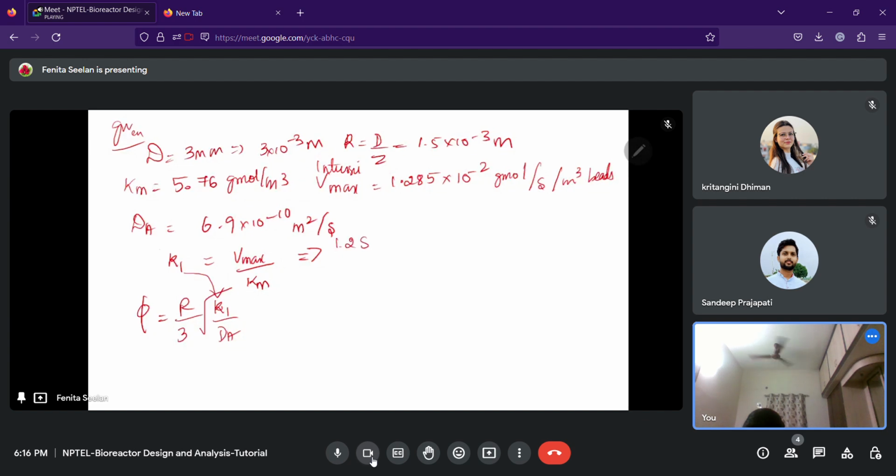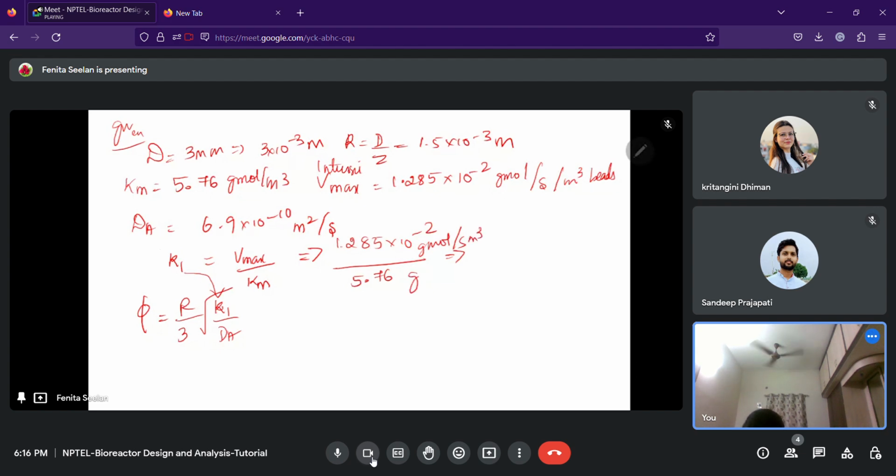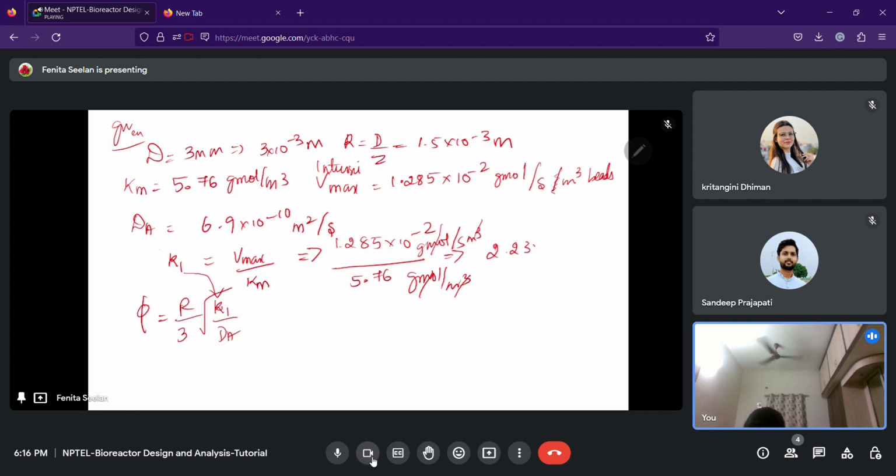It is into 10 power minus 2 divided by your Km, which is 5.76. So this would be around 2.23 into 10 power minus 3 second inverse.